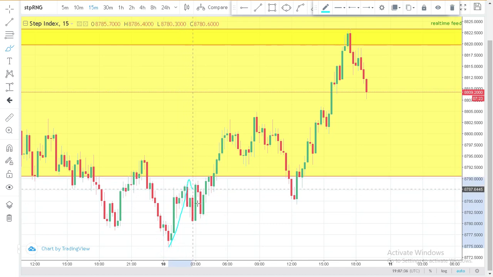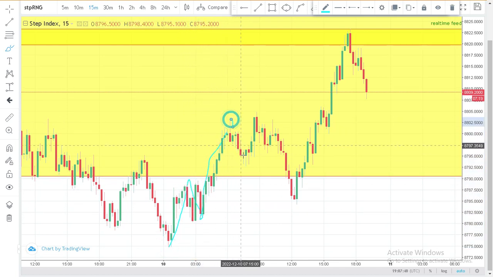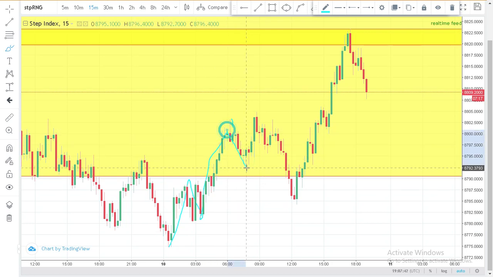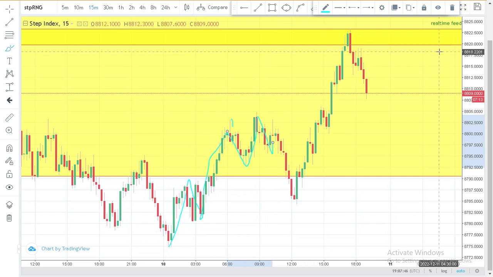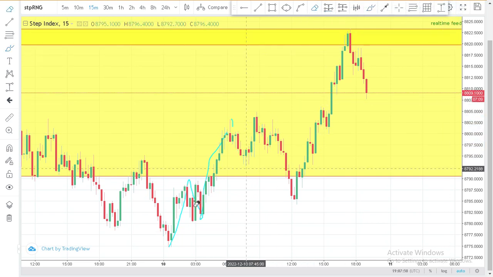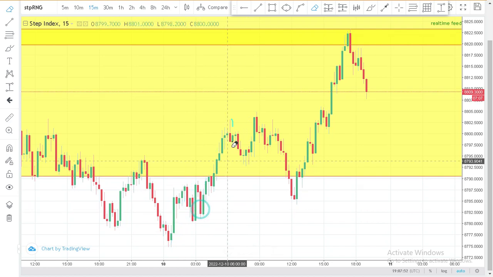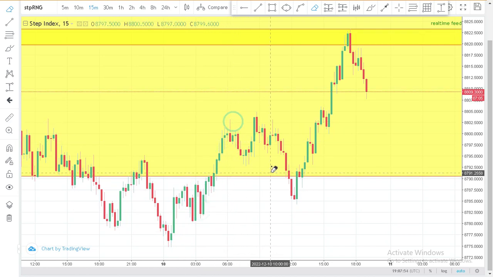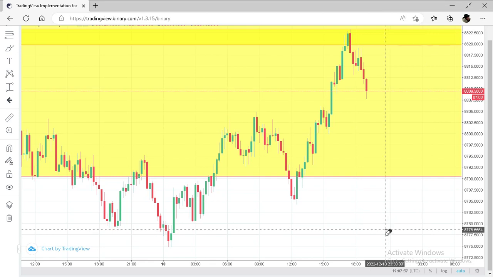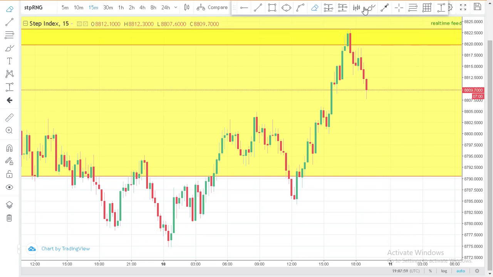We have a lower low, higher low, higher high, higher low, higher high. So you see the market is pushing up already. That's a signal. Although I wouldn't draw everything, it's just to show you that the market is indeed pushing on the upside.